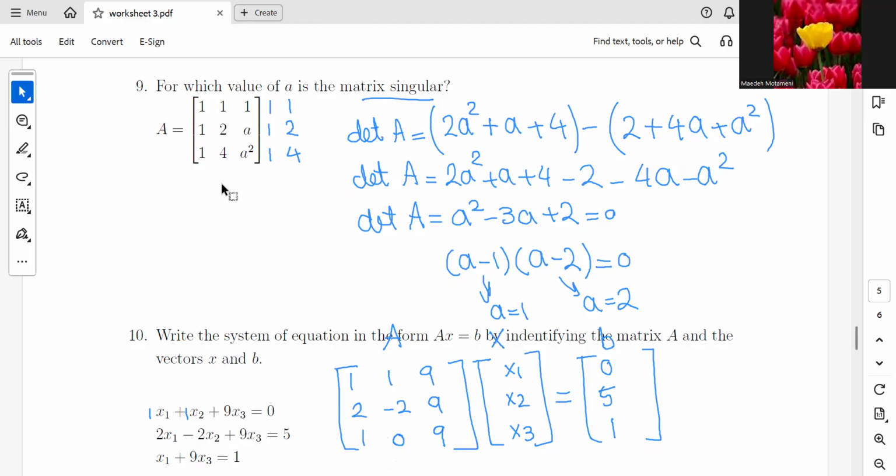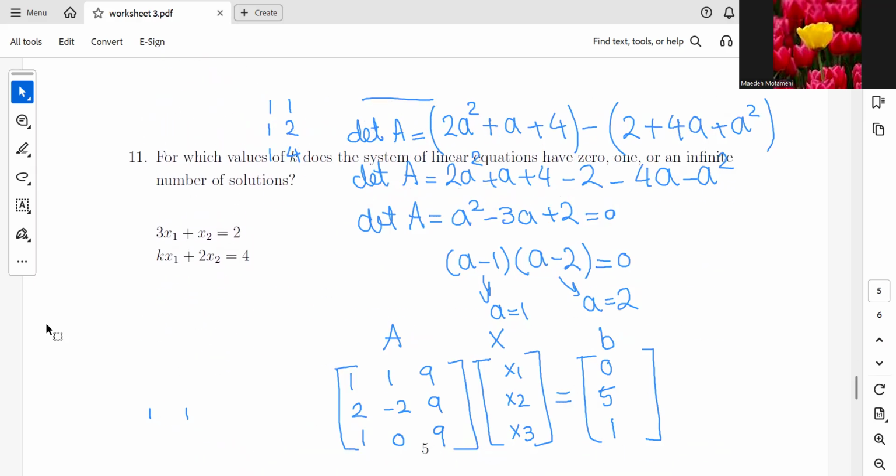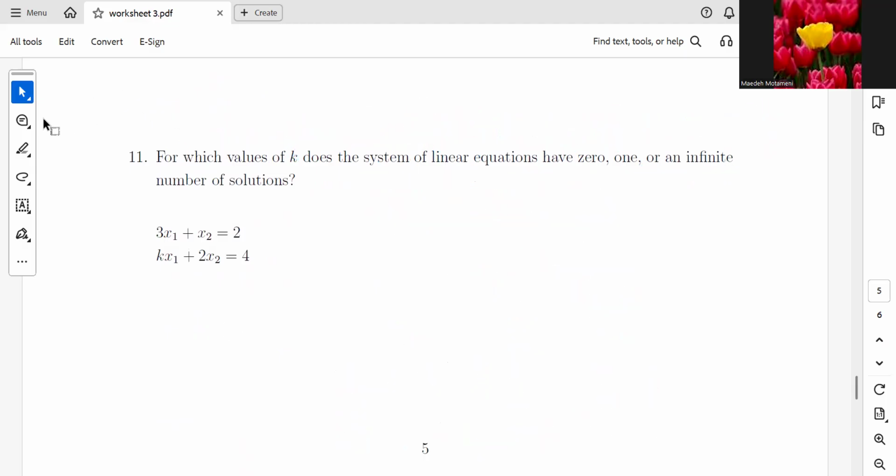Okay, next one, number 11. It says, for which values of k does the system of linear equations have 0, 1, or an infinite number of solutions? So let's see how we can write them in the form of matrices.